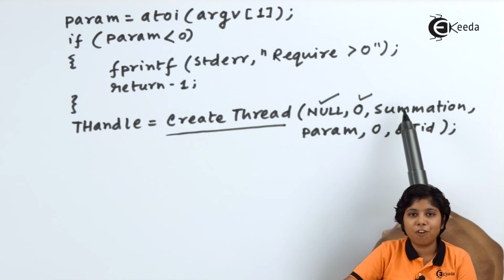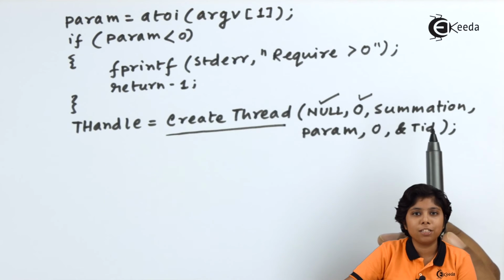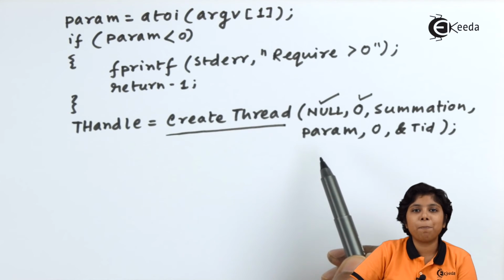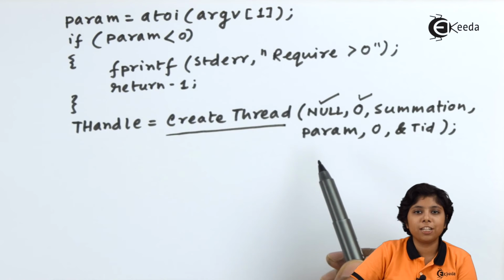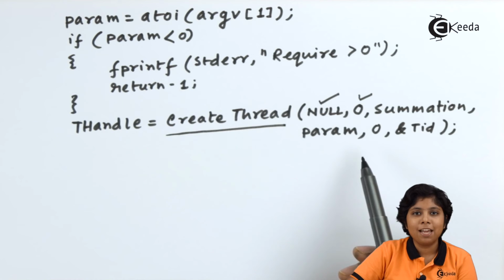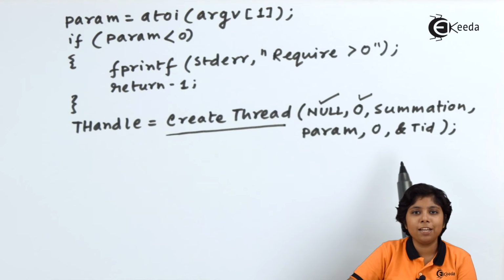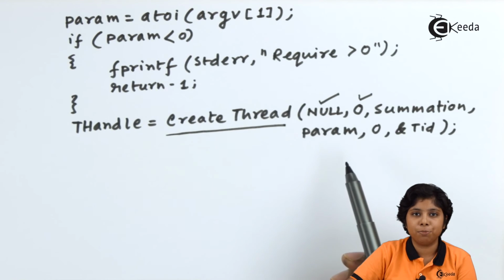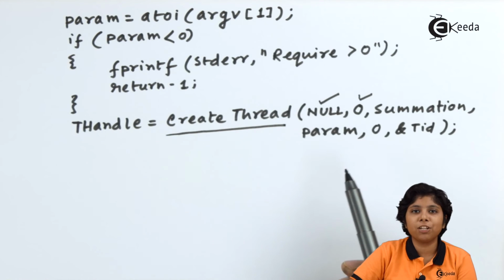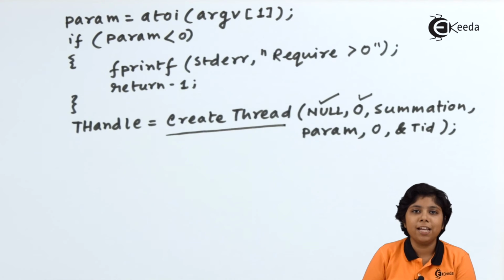The next one is the function name where the child thread will begin its execution. The next one is the parameter on which the integer is stored. The next one is the flag, and lastly the thread ID. This function will create a separate child thread alongside the main thread.